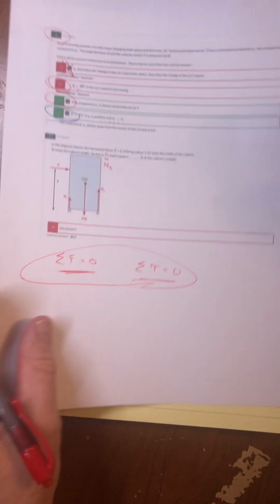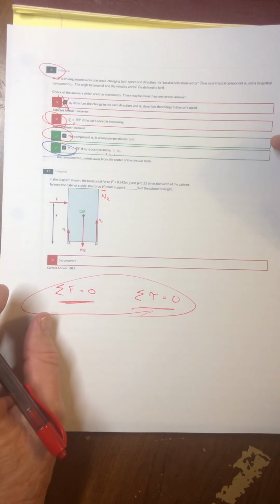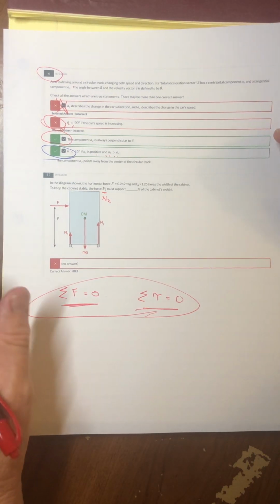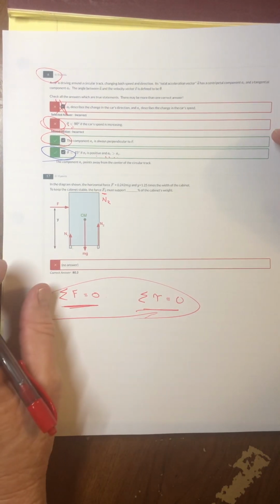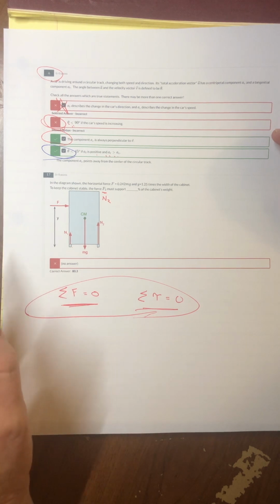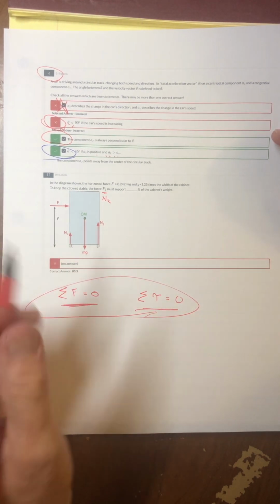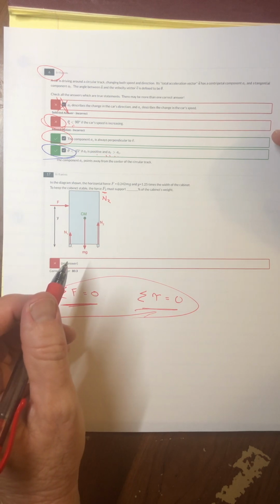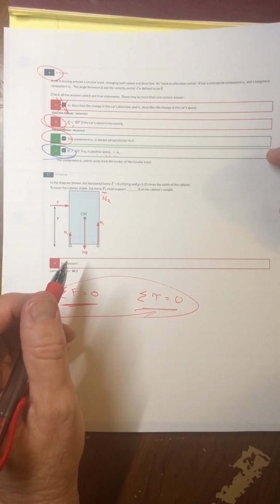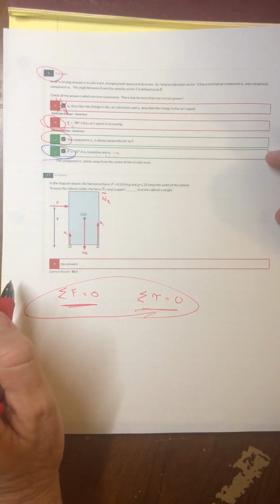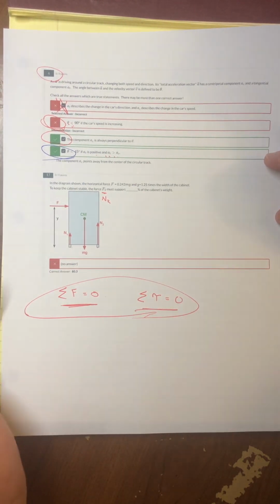And normally I would say do a free body diagram for step number 2. Step number 1 is get a good physical picture of what's going on. And step number 2 is draw the free body diagram. But I think in this case we can be okay not to necessarily draw a free body diagram because we have one given to us in the problem. And that also helps us with understanding the problem.